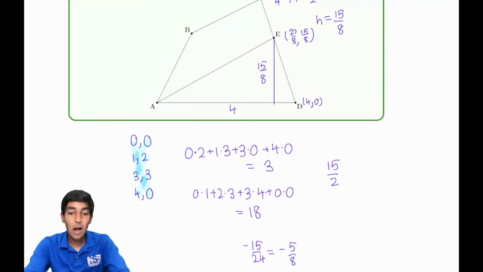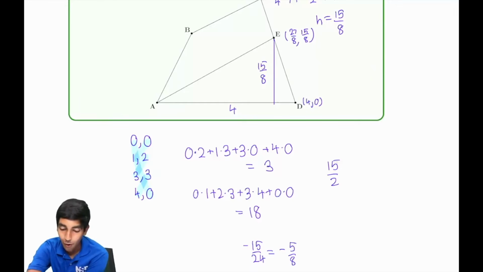So therefore, our coordinate is just going to be 27 over 8, comma, 15 over 8 by our logic. And again, you can write the equation of a line and you're going to get the exact same thing. This is a little bit more of a nice argument, really.